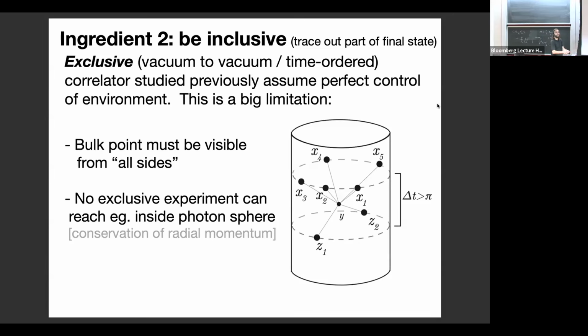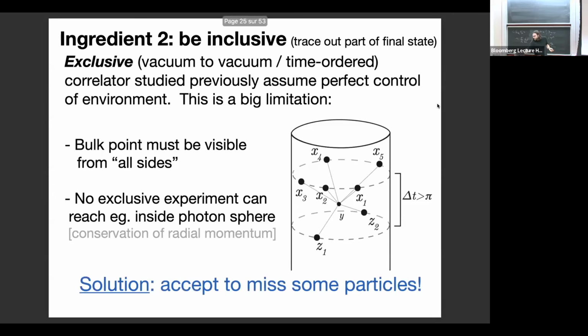At least one of them will have to be falling into the black hole. So momentum conservation imposes some arcane, difficult to characterize and quantify constraints on what points you can probe and what points you can't. But basically it would be much better if we don't have to worry about this constraint.